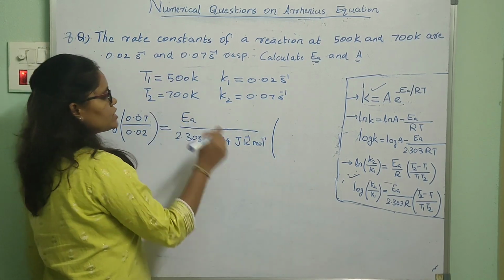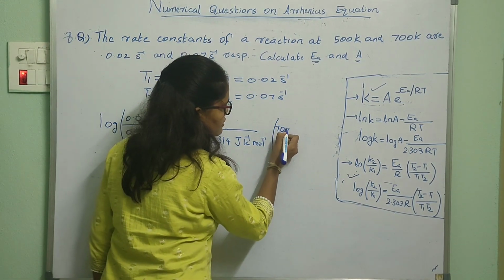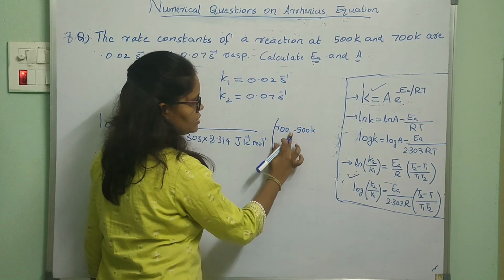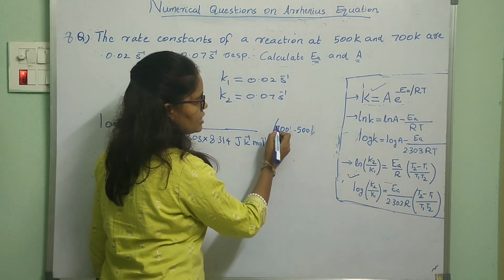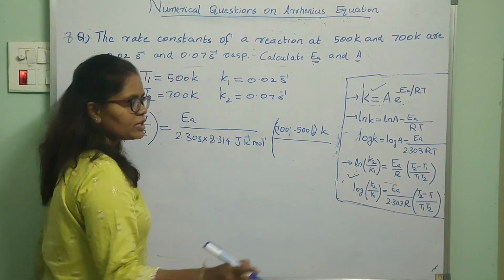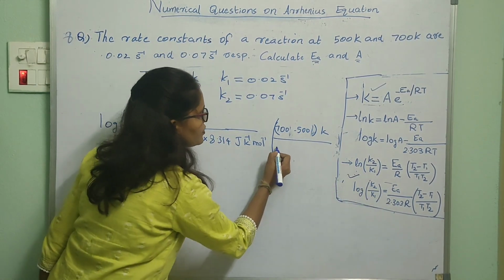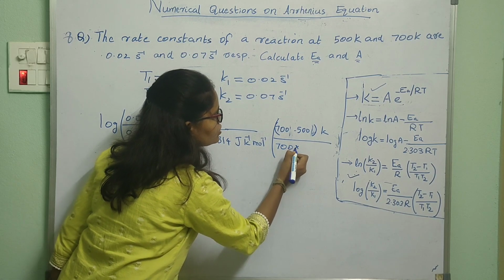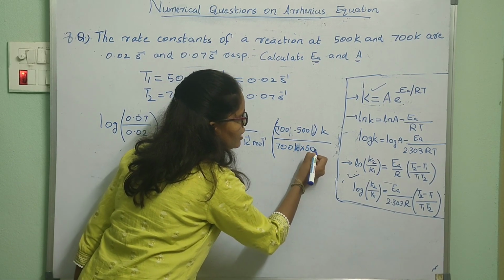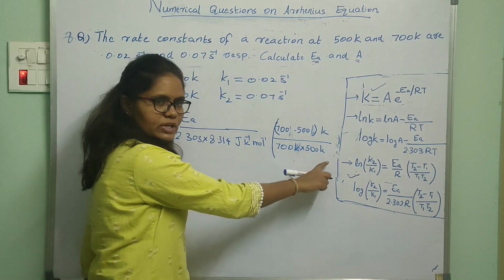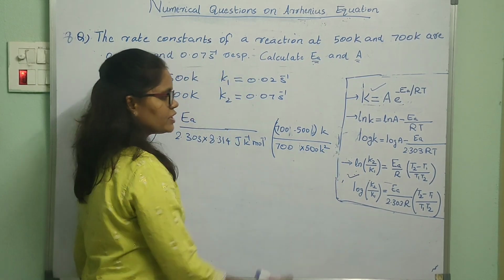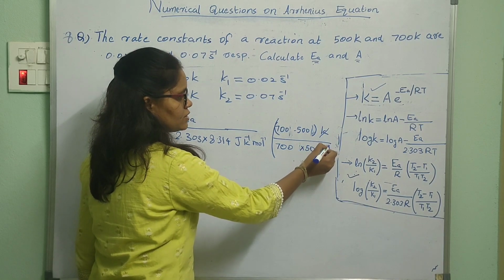T2 is 700 Kelvin minus 500 Kelvin, so I will just write it as 700 minus 500 into Kelvin. In the denominator we have T1 into T2, that means 700 Kelvin into 500 Kelvin. So Kelvin into Kelvin will be Kelvin square, and here I can cancel 1 Kelvin.